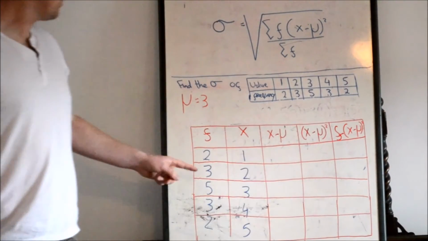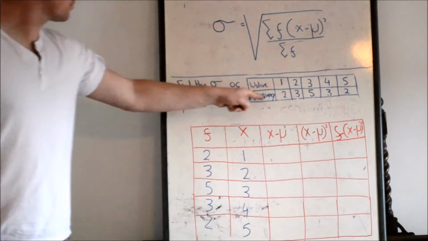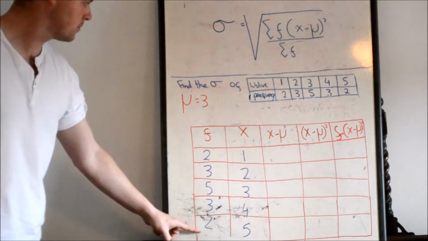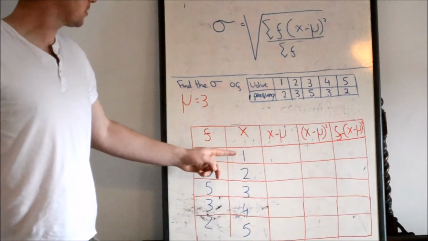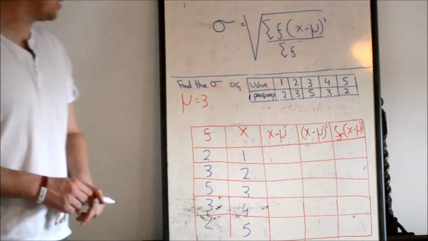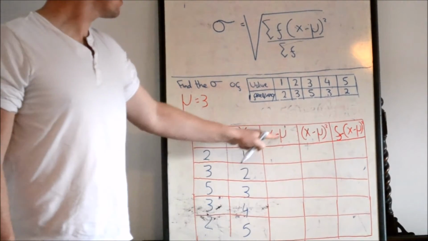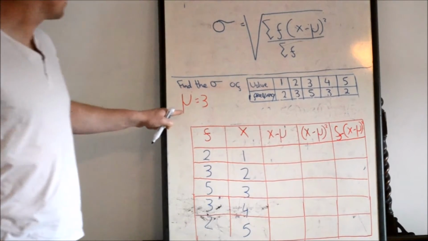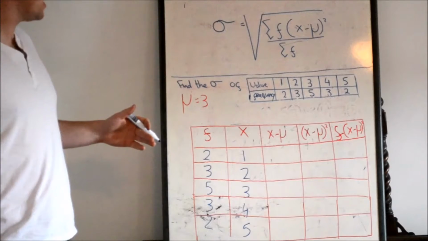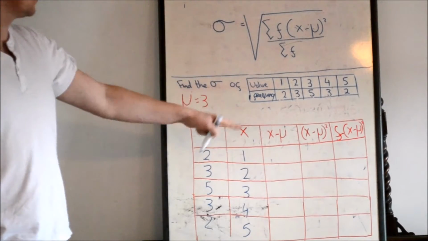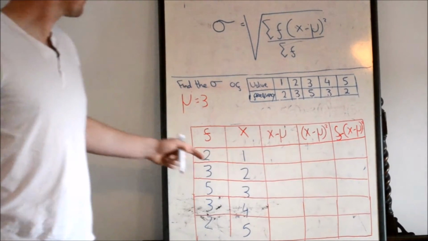So anyway, we finished off with our frequencies, we slotted them in, our values, which is x, our numbers as I was calling them. Now, our number minus the mean. We can do it in our head.